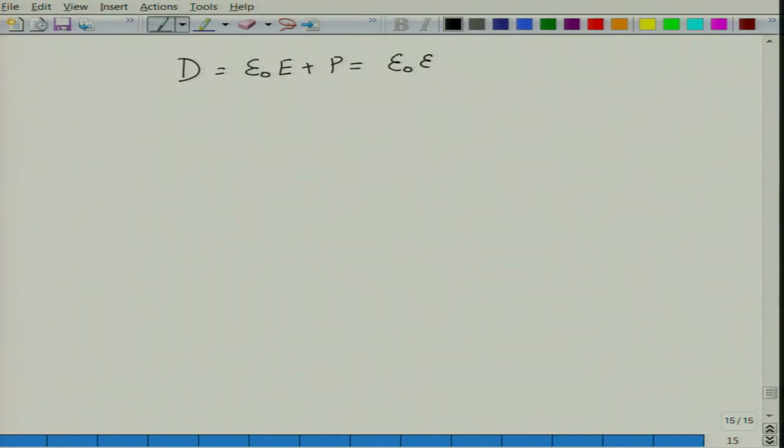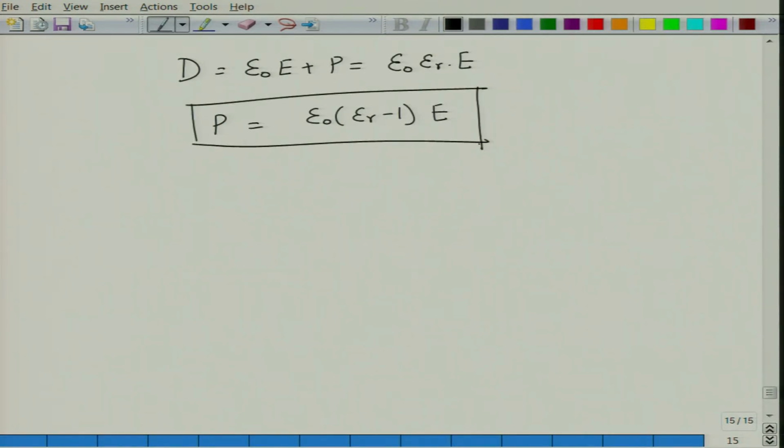This is nothing but epsilon naught into epsilon R into E. So from this we can say that P is equal to epsilon naught into (epsilon R minus 1) into E. This is essentially the polarization, and we define P as chi into E, where chi is the dielectric susceptibility.